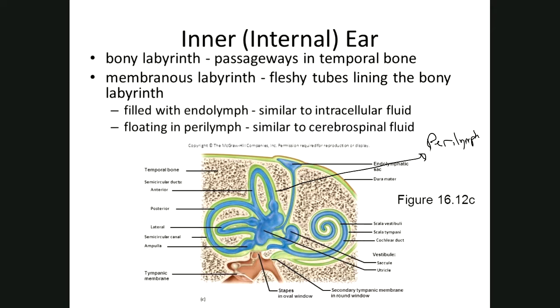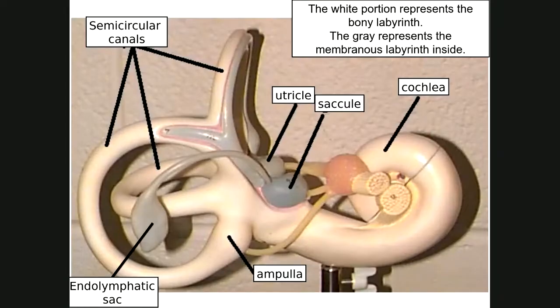It's between the membranous labyrinth and the bony labyrinth, perilymph. And perilymph is very similar to the fluid found inside the brain and the spinal cord, the cerebrospinal fluid. In this picture, this pink part represents that perilymph.